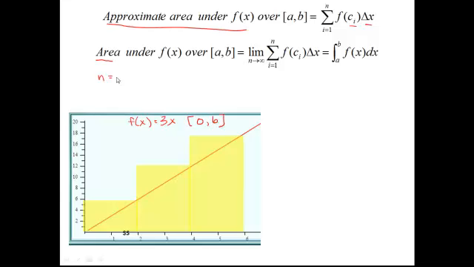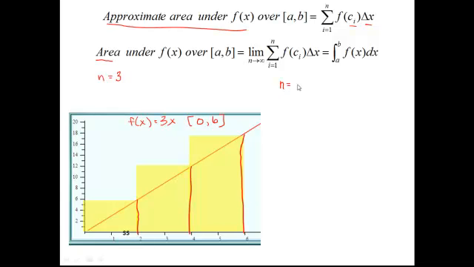Before, we chose n equals 3, so we would take this interval and divide it into 3 equal sections, and therefore the widths of these rectangles, in this case the circumscribed rectangles, were just 2.